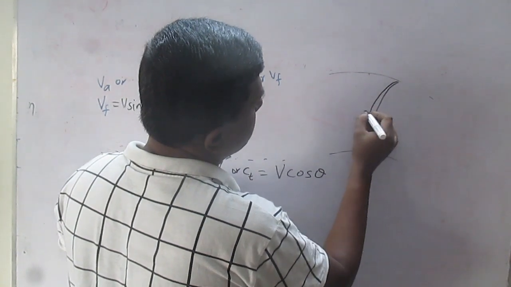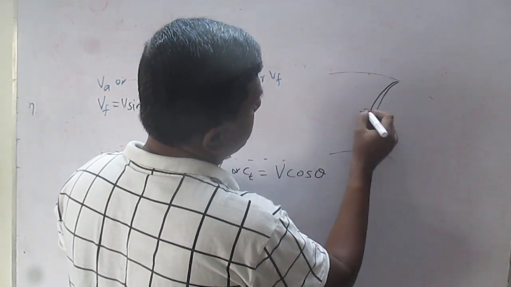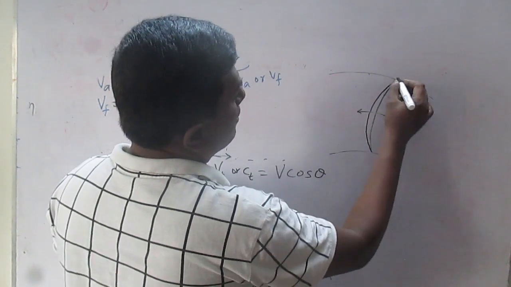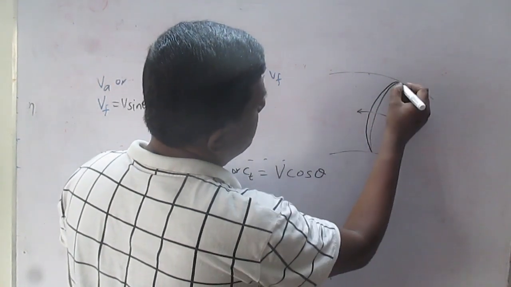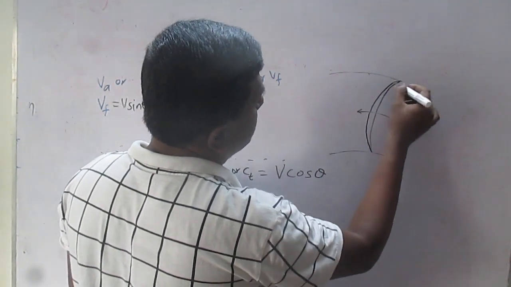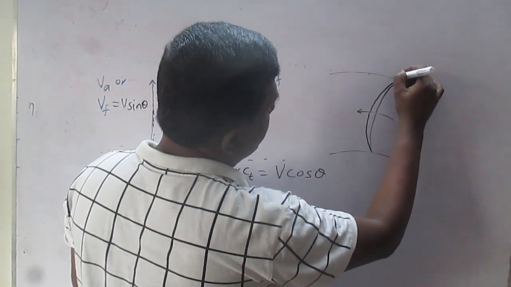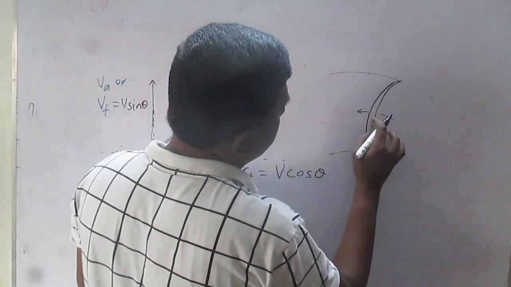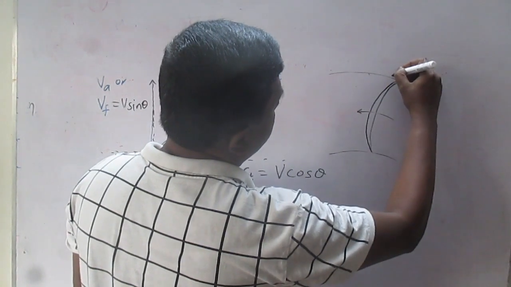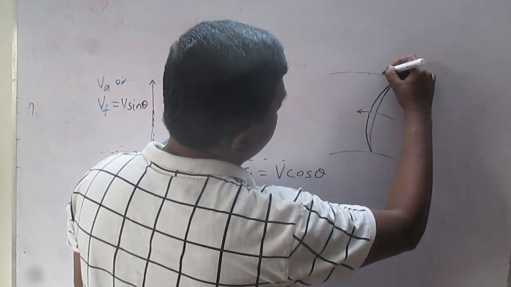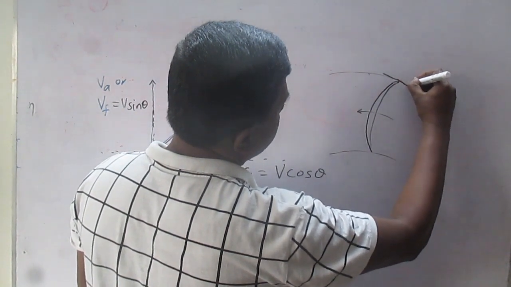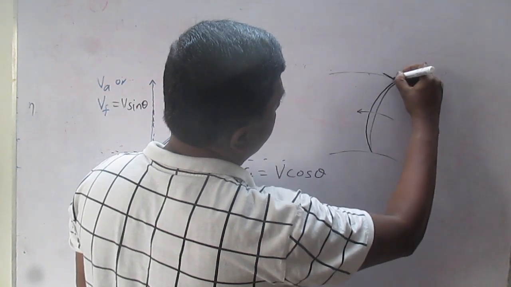Suppose it is rotating in this direction, then we will have the blade velocity. That means the tangential direction. So this blade will have the velocity that we say is the blade velocity, the tangential velocity.